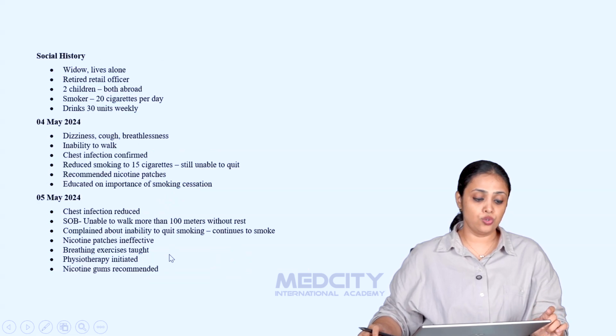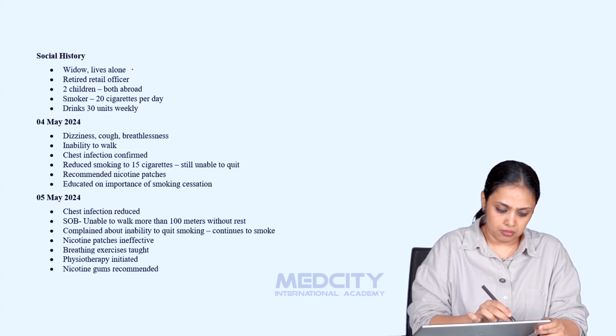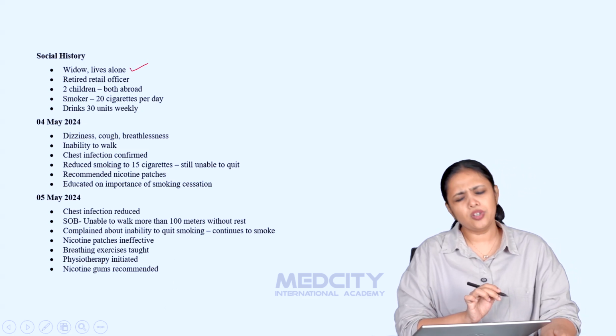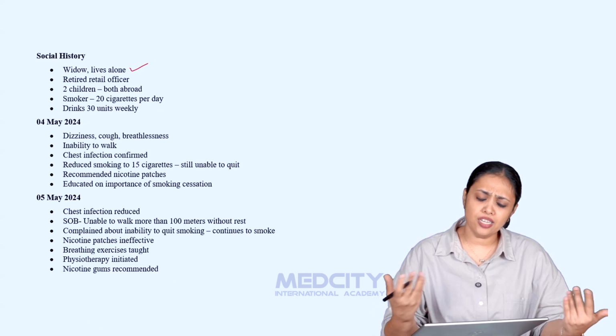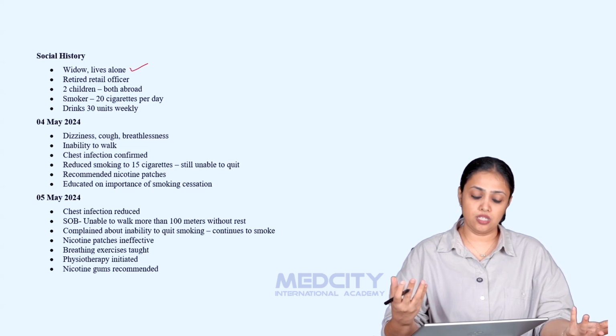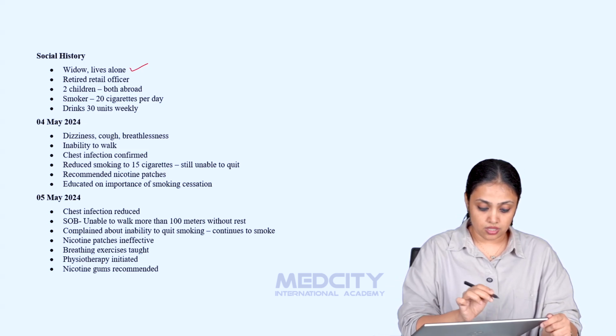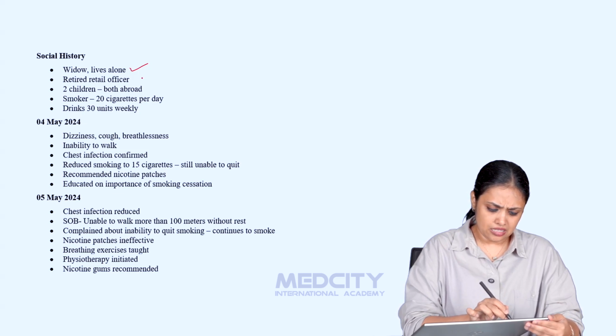Then moving on to social history. Now in social history, widow and lives alone can be considered. Retired retail officer, that professional background has nothing to do with the kind of management the manager of the smoking cessation clinic would be providing. So that is irrelevant.